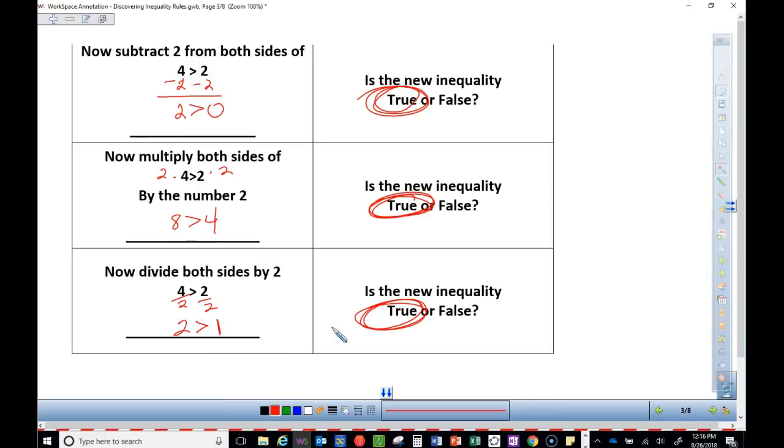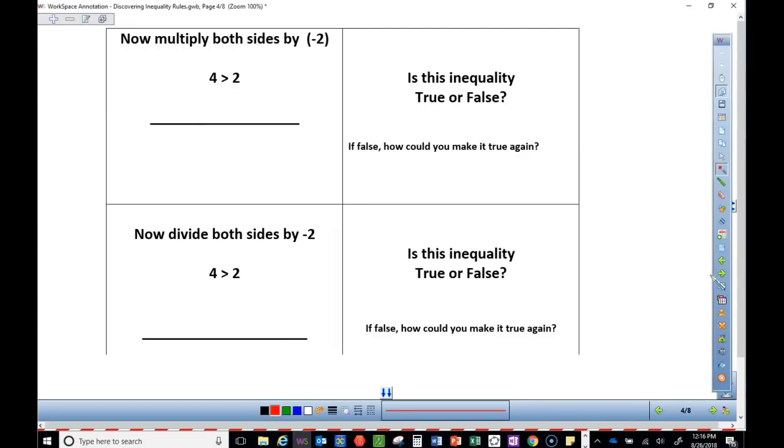Now, adding and subtracting positives and negatives works the same way. You still slide left for minusing and right for adding. But when you come to multiplying and dividing with negative numbers, you know that sometimes that changes the sign, right? Depending on what kind of number you started with. So let's look at this. Let's multiply both sides of this by negative 2.